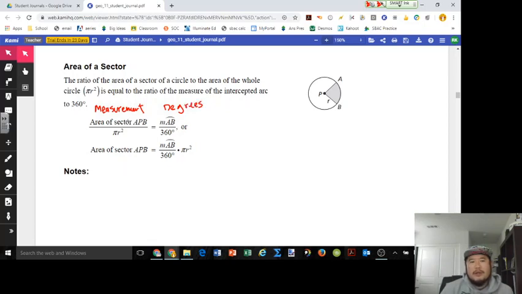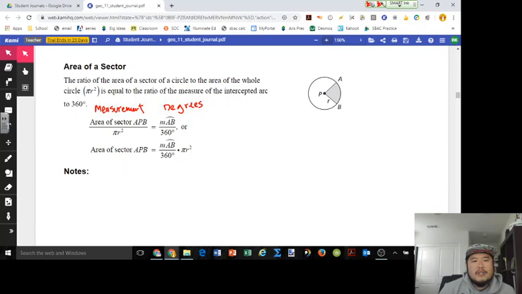So you don't get confused, well, what do they mean by the area of sector APB? And what is the measure of arc AB? Well, when they talk about the measure of arc AB, you have to know what the central angle is of the angle, central angle there, and that'll help us figure out what is the measurement of arc AB.